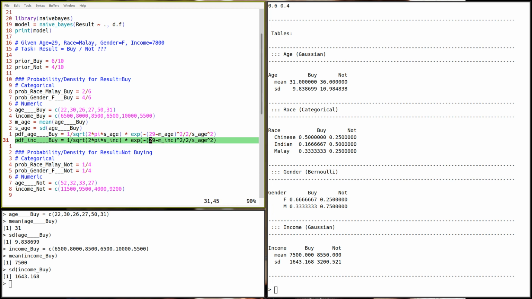For income, the given value is 7,800, so 7,800, and then this also income.